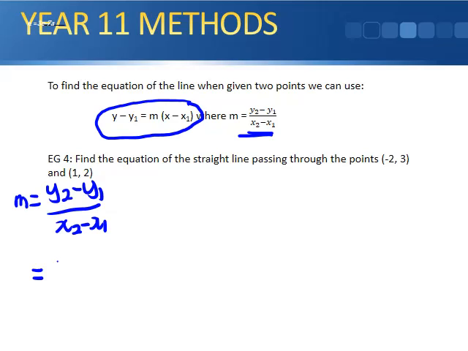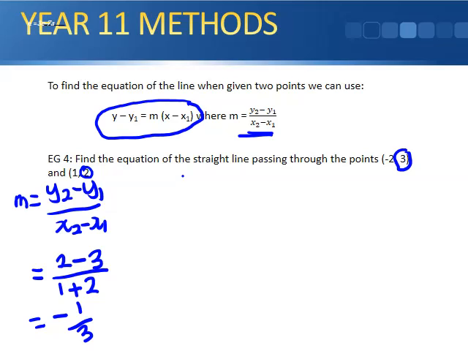So y2 is 2 minus my y1 is +3. There they are there. And then my x2 is 1, take away my x1 is -2, and a negative becomes a +2. So I end up getting 2 minus 3 is -1, and 1 plus 2 is 3. So -1/3.